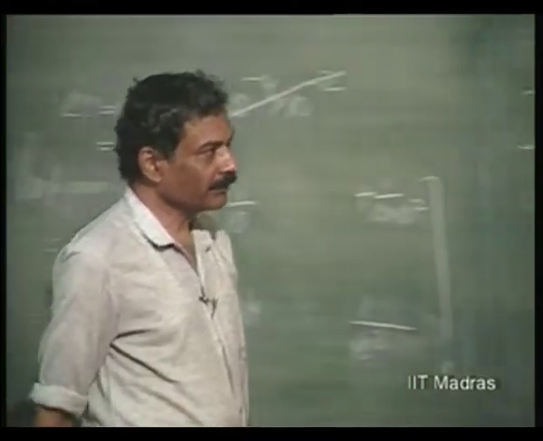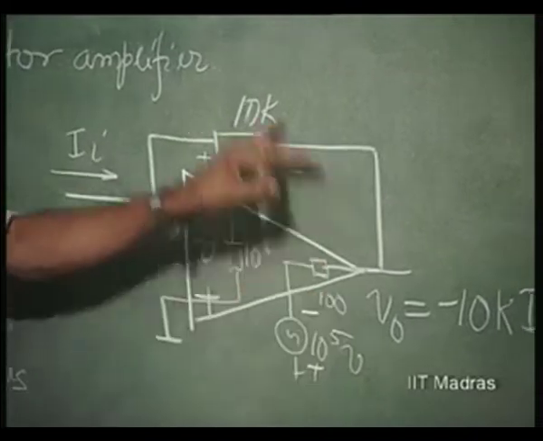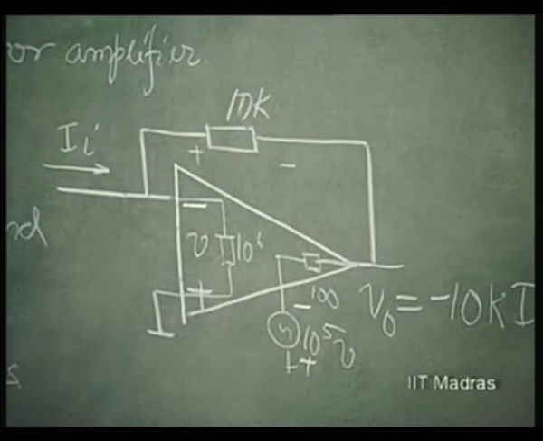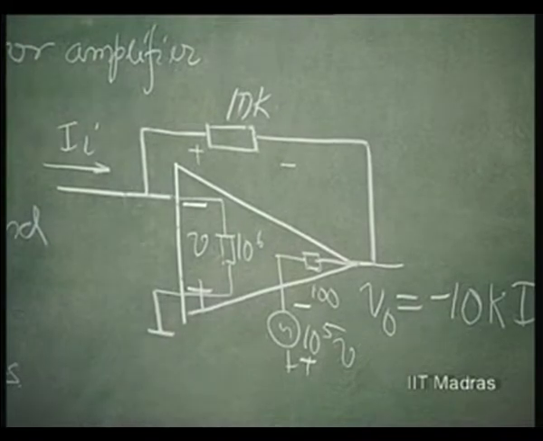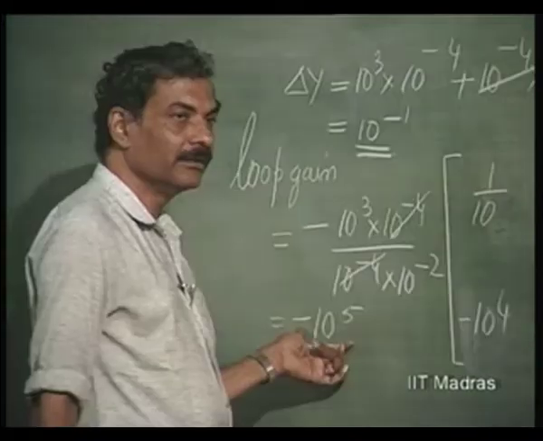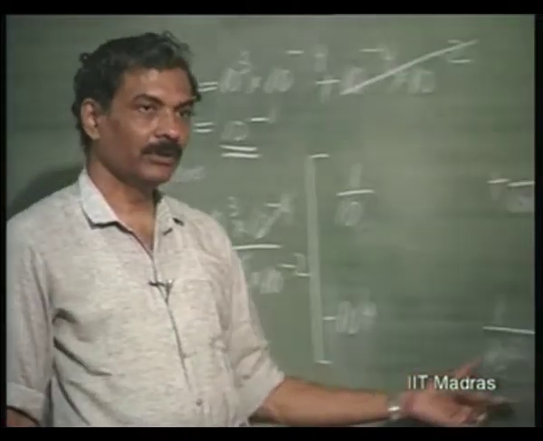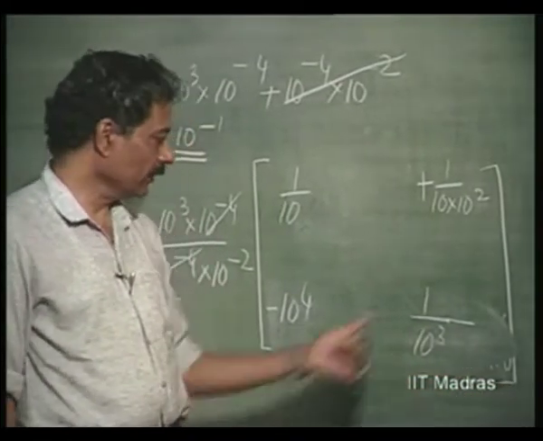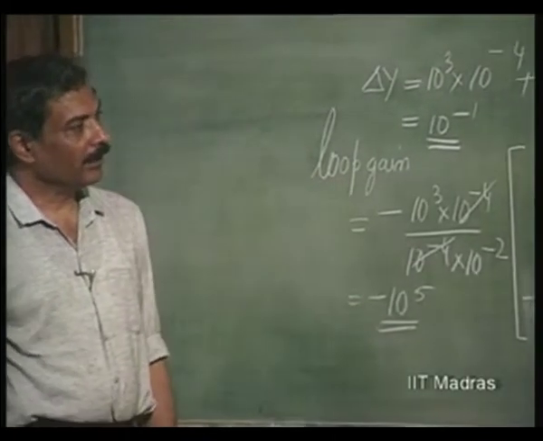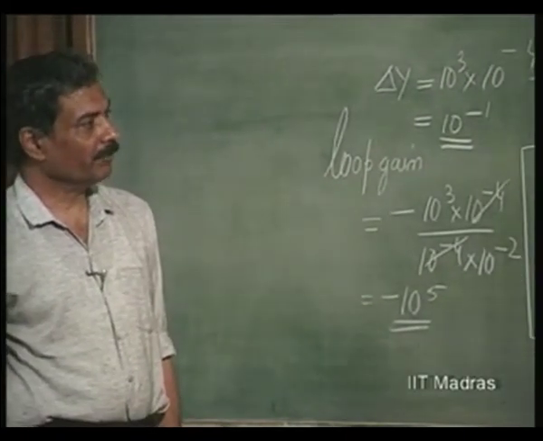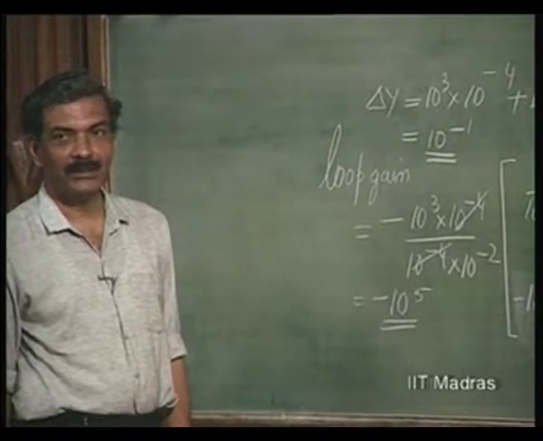Original output impedance was 100 ohms shunted by again 10k, which was 100 ohms divided by 10 to the power 5, which is going to give you 1 over 10 to the power 3 ohms. So, you can see that all these modifications take place by the factor of 1 plus loop gain.